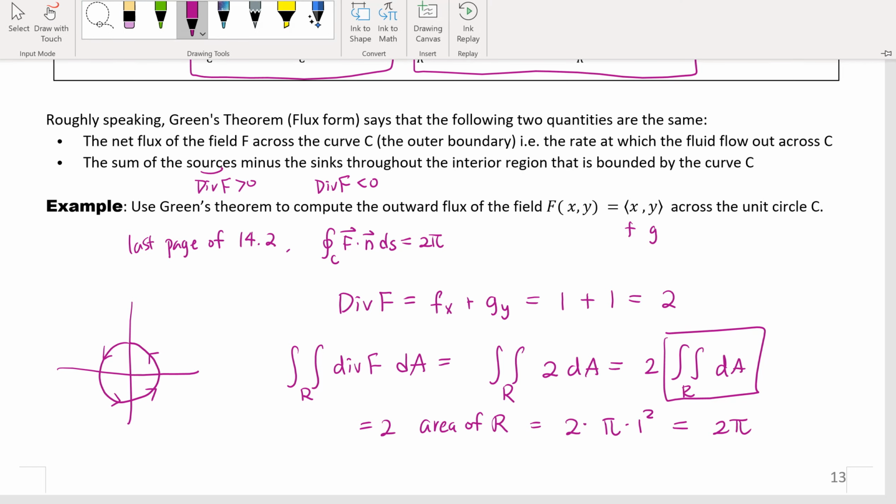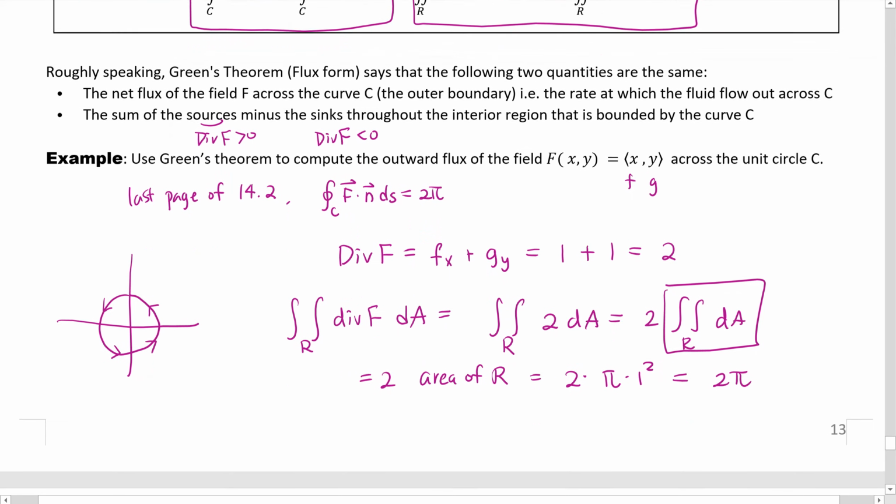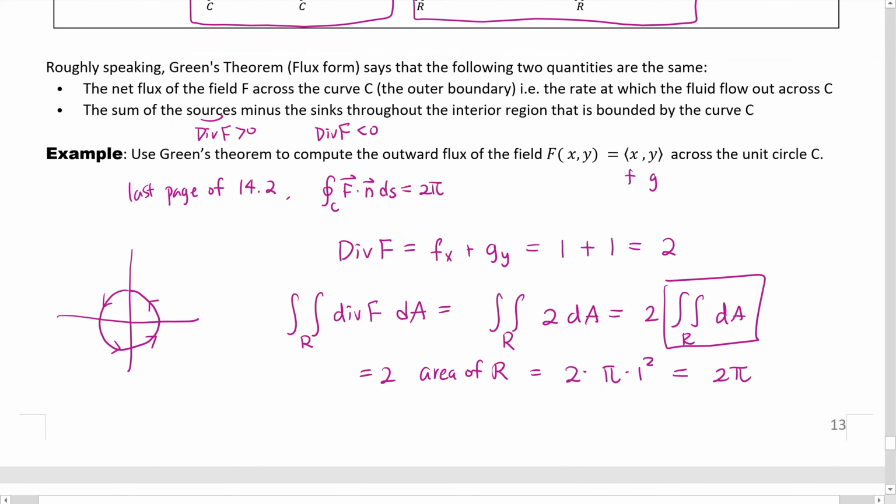Let me make a little remark here. What if the divergence is not constant? Then we actually need to set up the double integral, and it really depends on what the divergence looks like.